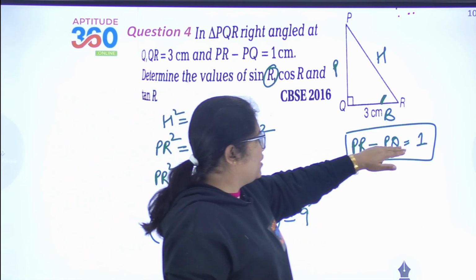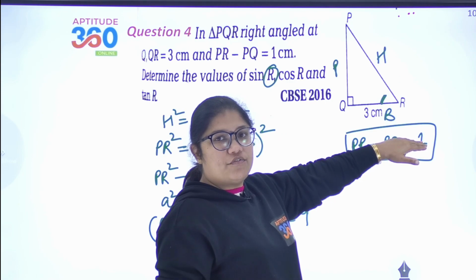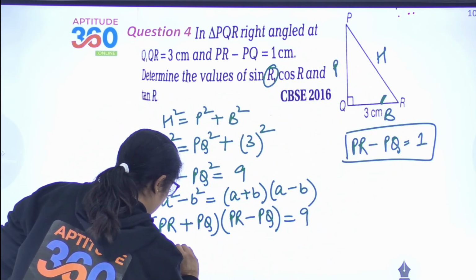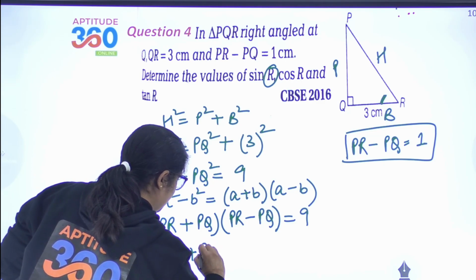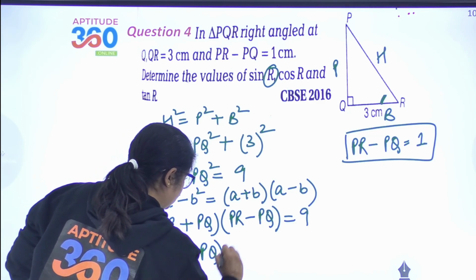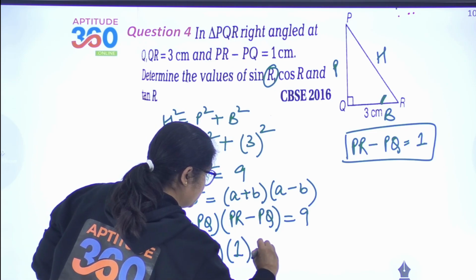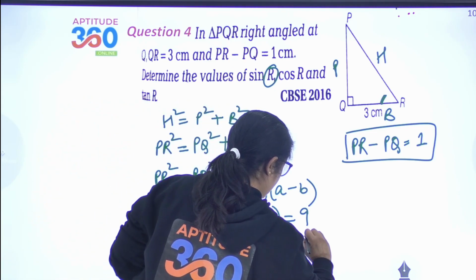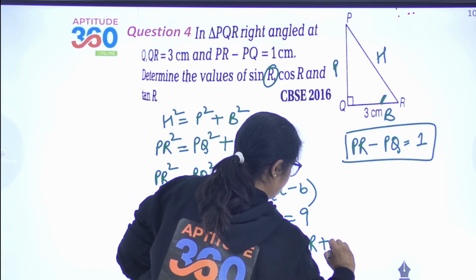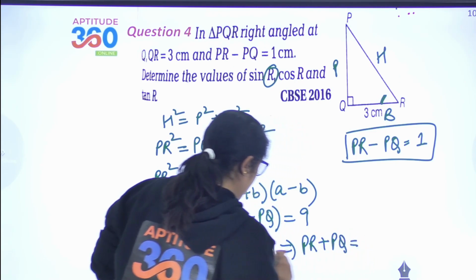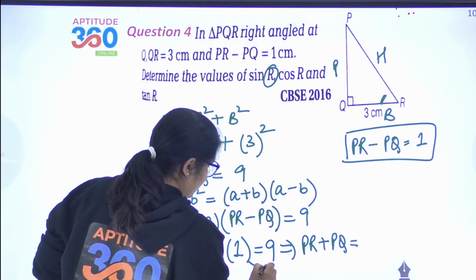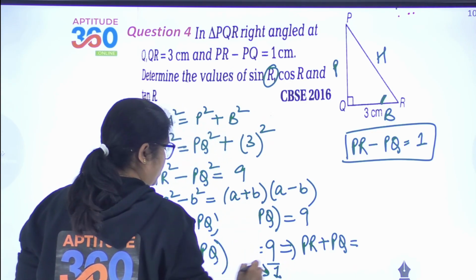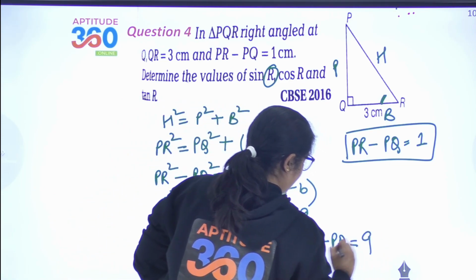What is your PR minus PQ value? It is already given in the question, which is 1 centimeter. So my PR plus PQ into 1 is equal to 9. Therefore, my PR plus PQ is equal to 9 divided by 1, and it will be 9.